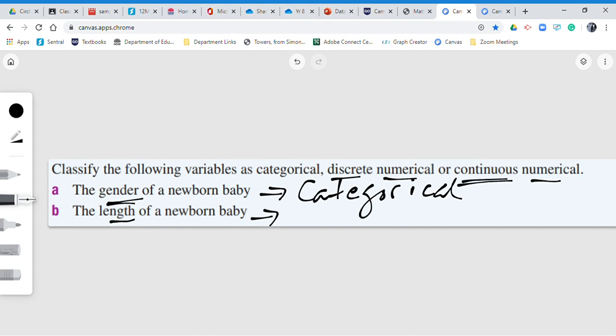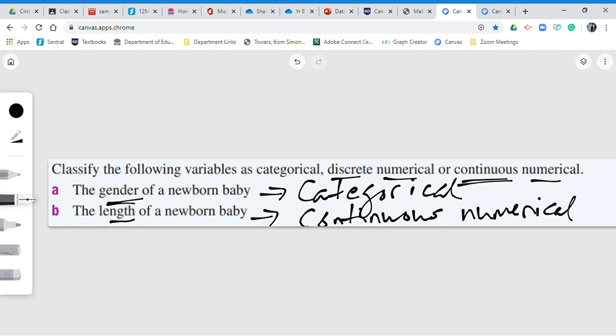Continuous can be any possible amount. It can also be incremented out in a small amount. So this would be continuous. We can be really precise and exact with the length of a newborn baby. So that'd be continuous numerical.